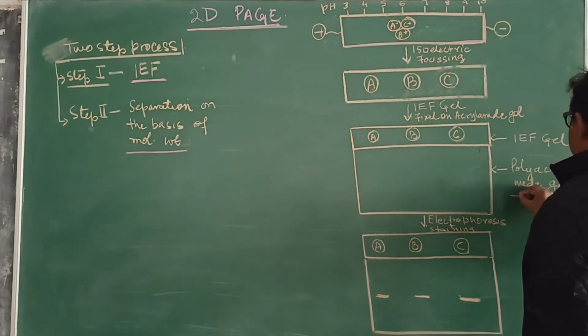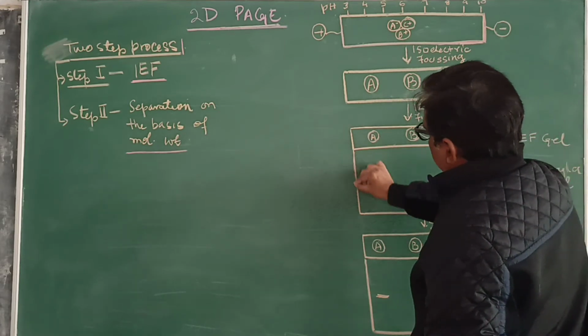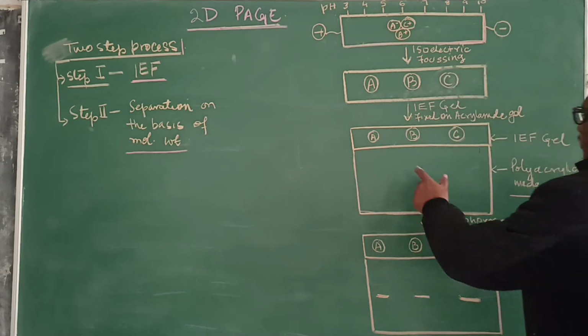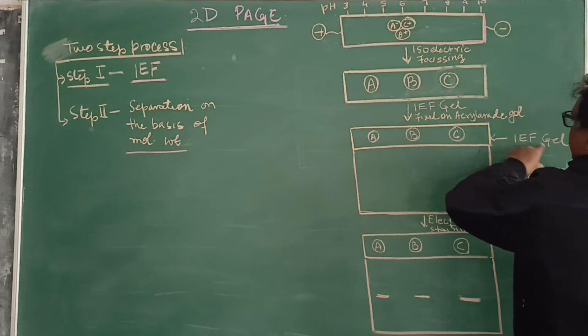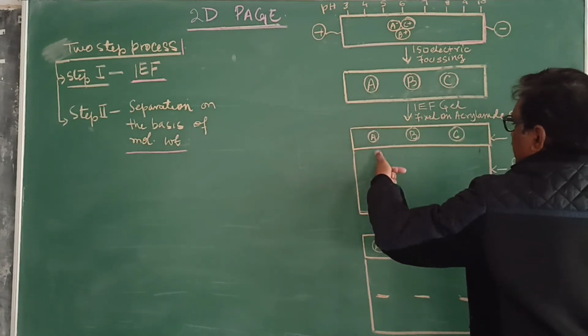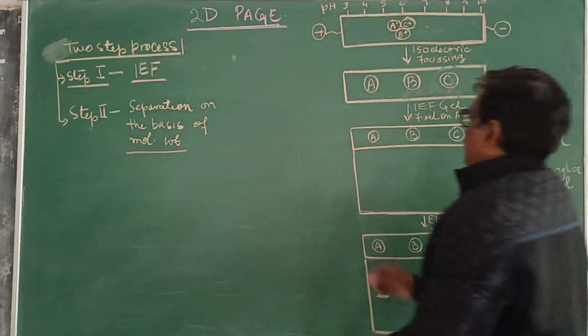So this is the gel for PAGE. On this gel, this strip of IEF gel is placed on the top of the base gel, and the electric current is supplied.